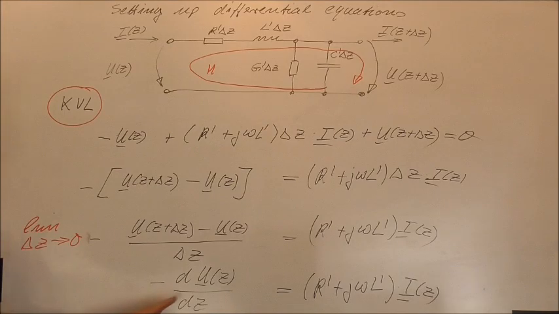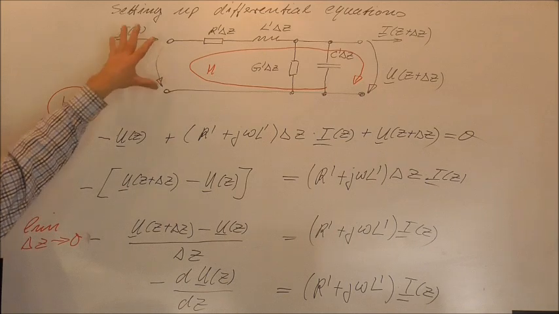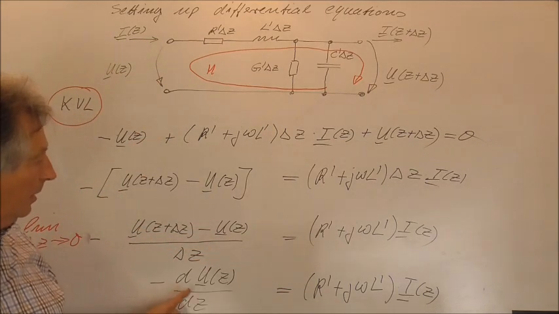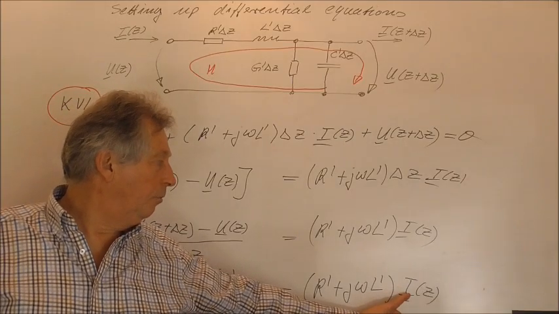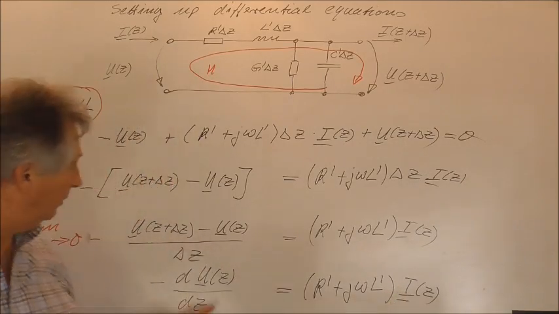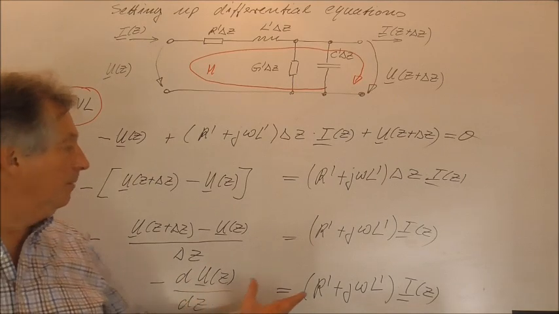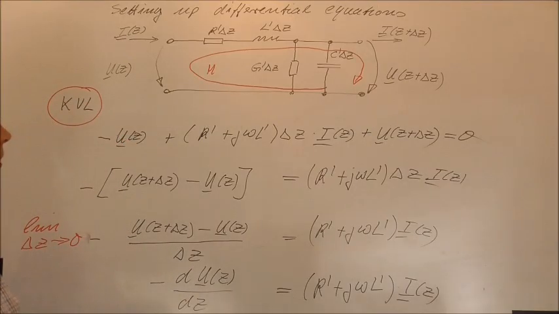which shows us that we have found the first differential equation which relates the voltage function and the current function. Again, I want to point out we don't know the current function I of z, but also we don't know the voltage function. But since we have two unknown functions, we need a further differential equation.